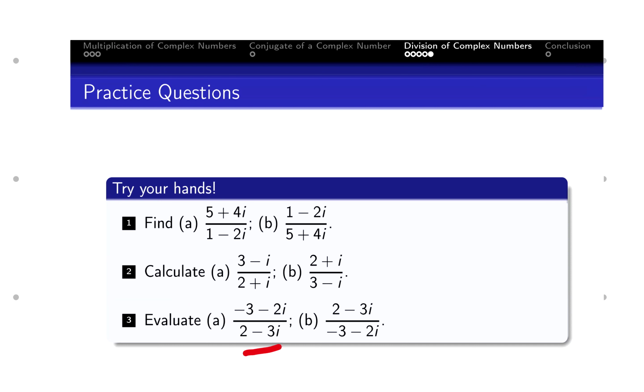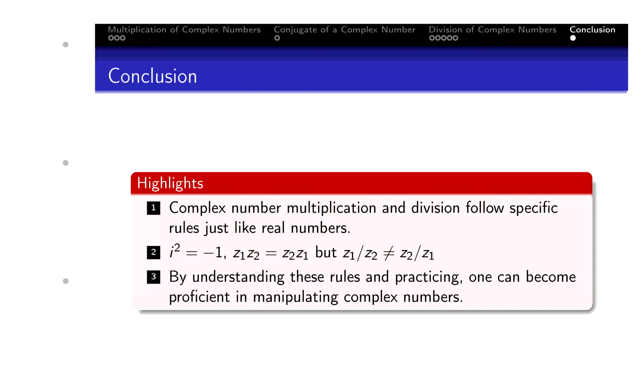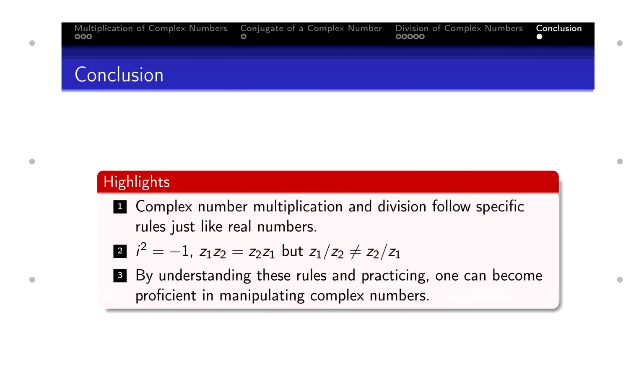And in conclusion, just a summary of the things we have done. Complex number multiplication and division follow specific rules, just like what we have for real numbers.